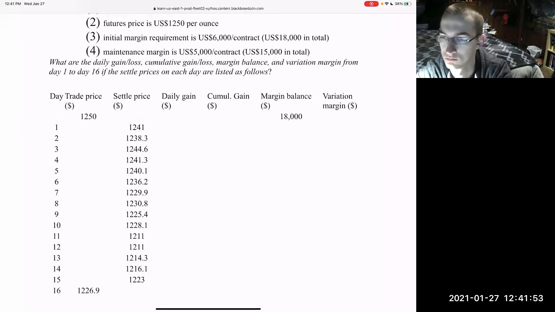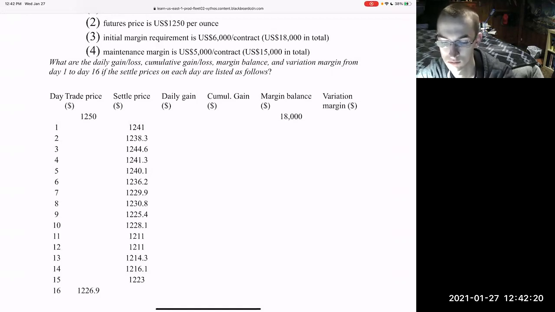Variation margin is not always positive. It depends on the margin balance. If the margin balance is greater than $15,000, variation margin would be 0. You can leave it blank. Or if the margin balance is below $15,000, then you're going to provide the variation margin. You need to calculate the variation margin by initial margin minus margin balance, right?